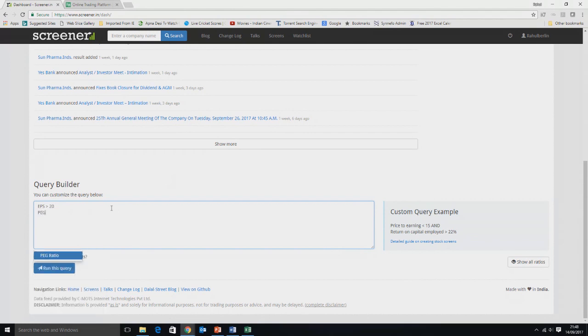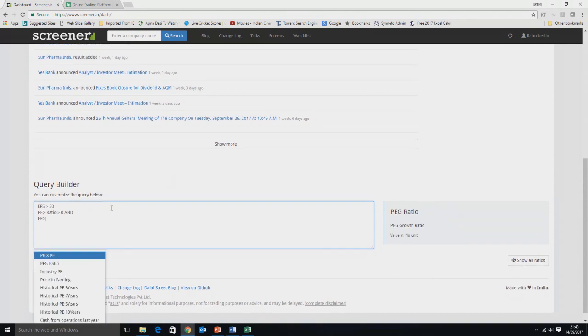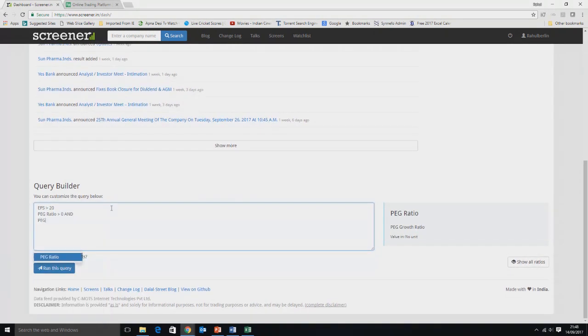And say PEG ratio should be greater than 0, and PEG ratio should be less than 1. Or let's see between 0 and 1 first.